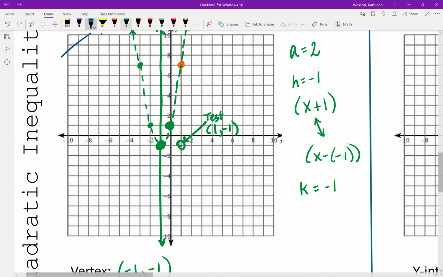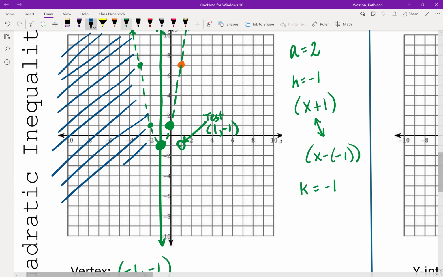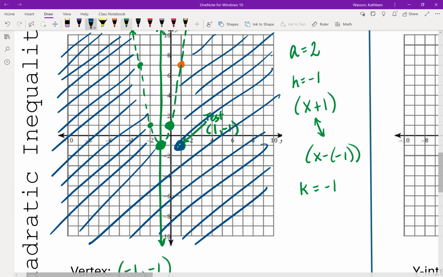My solutions are everywhere outside the curve, just like negative 1 is outside the curve, and that tested true. Questions right now?